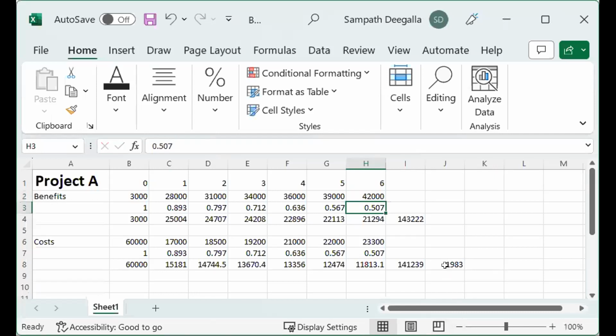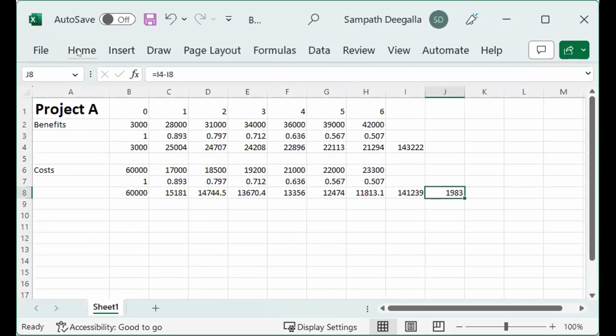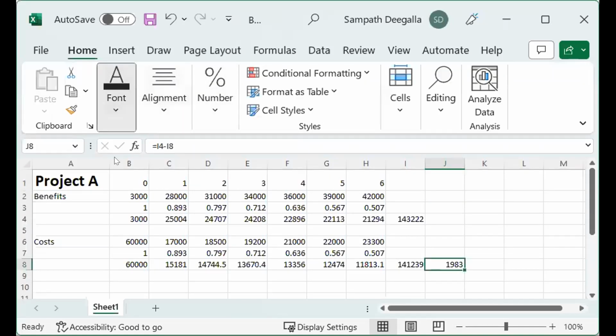Okay, now we are getting, okay, so what the value that we are getting is, right now we are getting the difference as 1983.